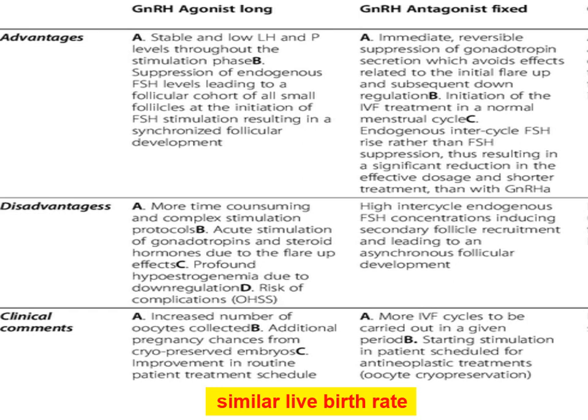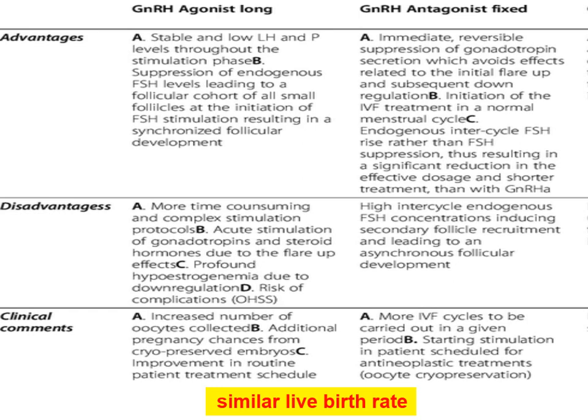The disadvantages of GnRH antagonist protocol is the high intercycle endogenous FSH concentrations, inducing secondary follicle recruitment and leading to asynchronization of the follicular size. So it is more suitable for IVF cycles carried out in a given period, starting stimulation in a patient scheduled for antineoplastic treatment for ovarian cryopreservation.